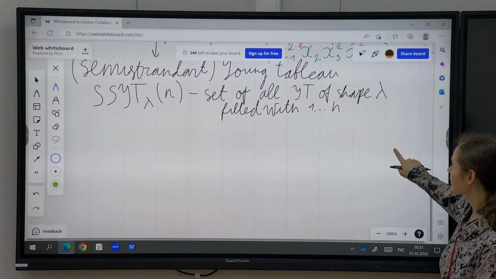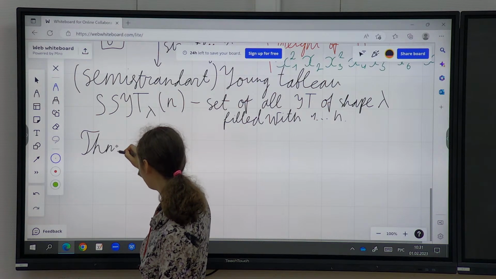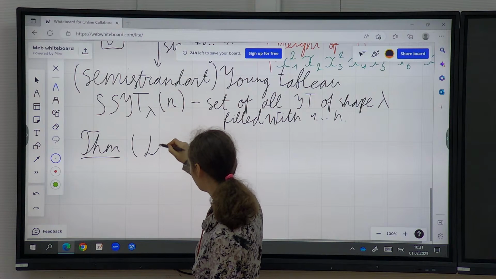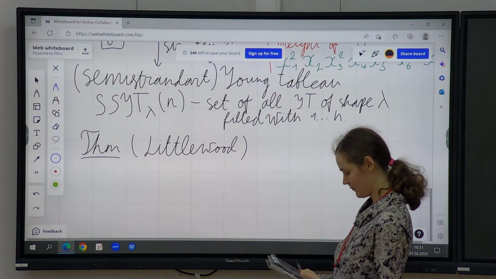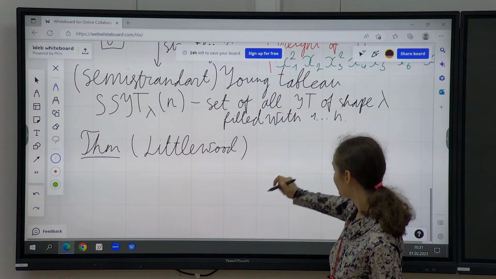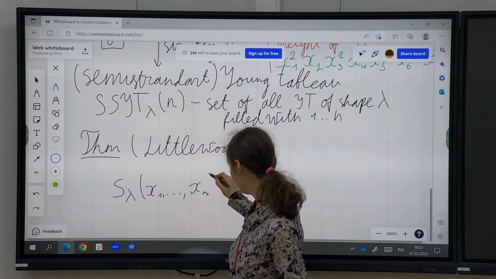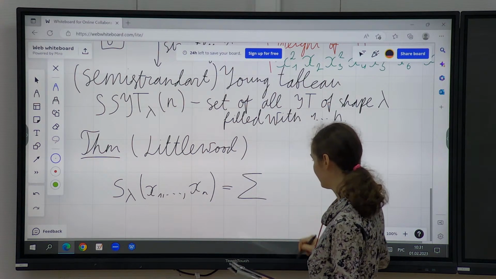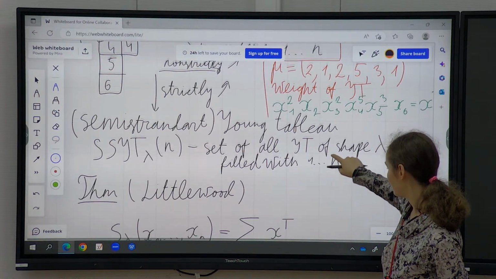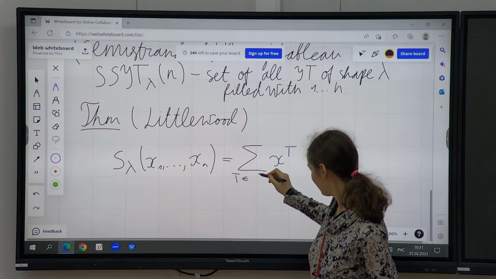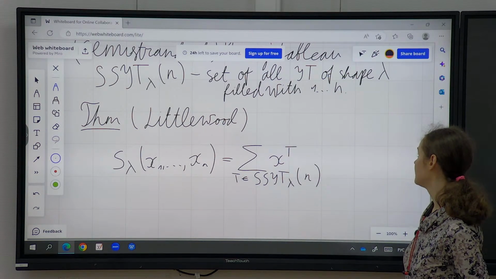And the main theorem that we will prove today is called Littlewood's theorem. It says that our Schur polynomial s lambda in variables x1 to xn is equal to the sum of these monomials over the set of all semi-standard Young tableaux of shape lambda filled with entries from 1 to n.